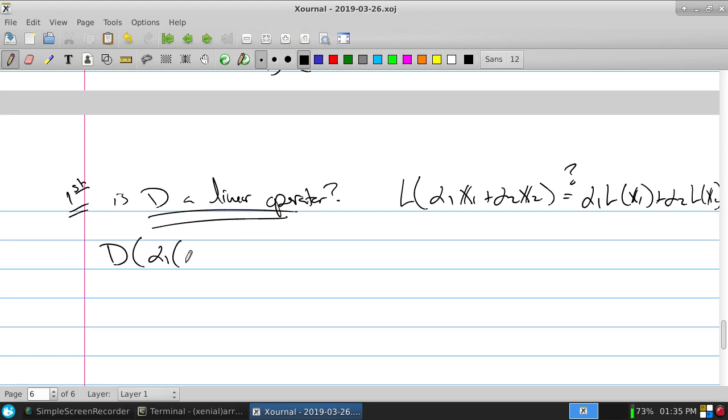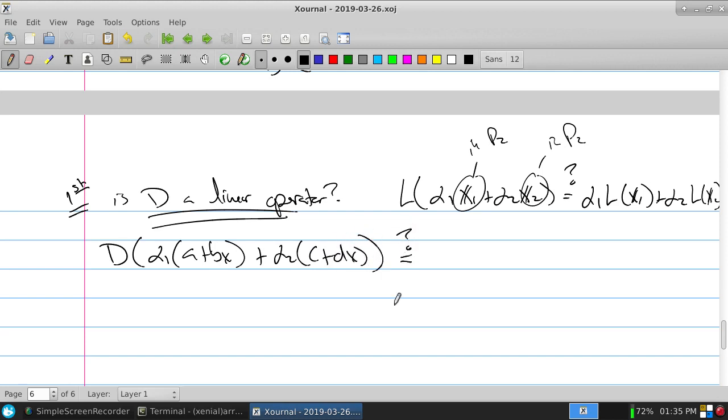This is in P2. What's an arbitrary thing in P2? Something plus something x. So, I don't know, a plus bx, plus alpha 2 times c plus dx. Is this going to be equal to alpha 1 times the transform of a plus bx plus alpha 2 times the transform of c plus dx?